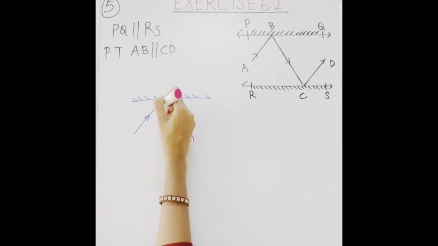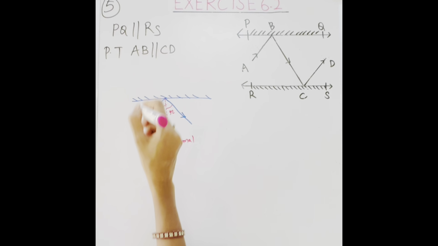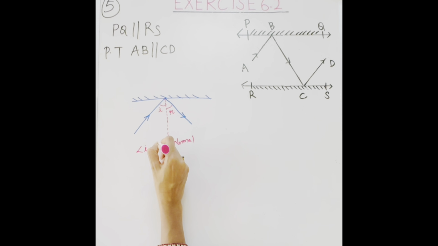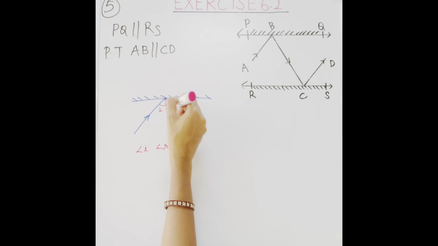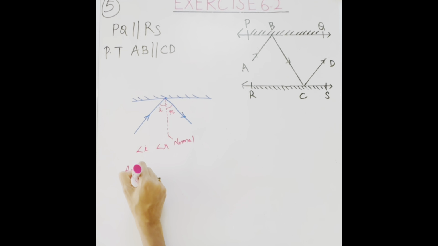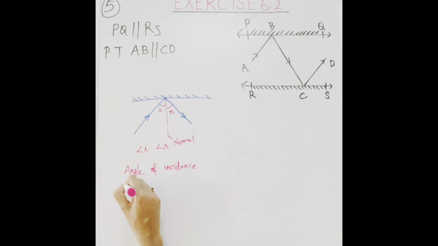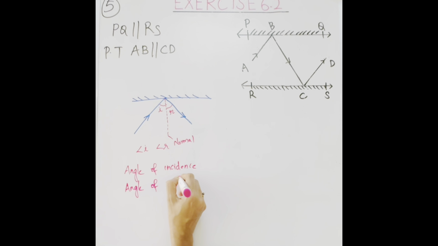One is the angle of incidence and the other one is the angle of reflection, angle I and angle R. Angle of reflection is the angle between the normal and the reflected ray.